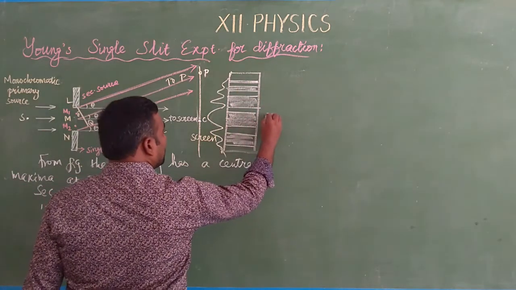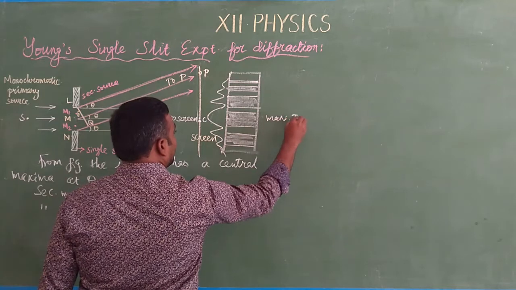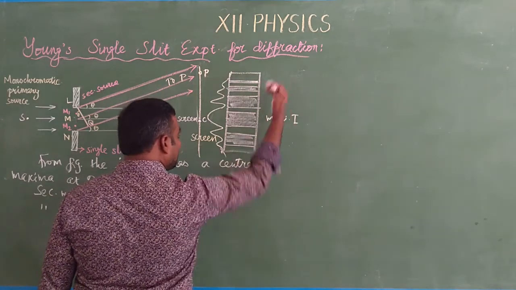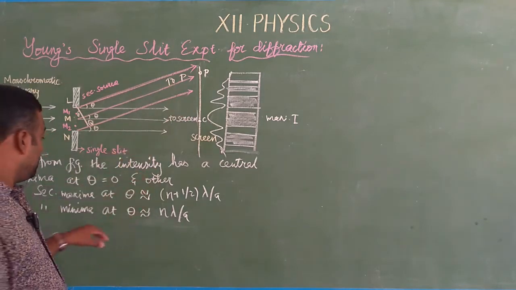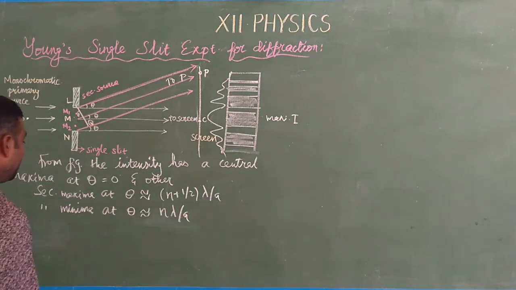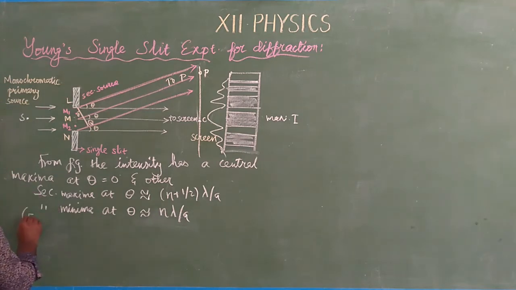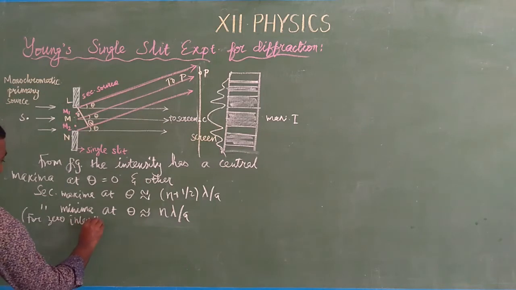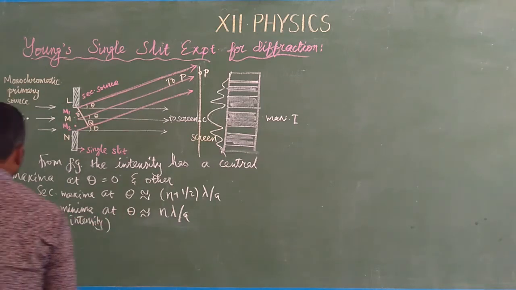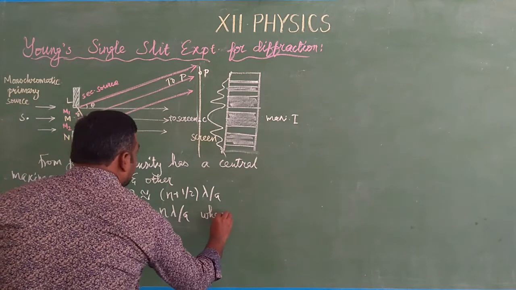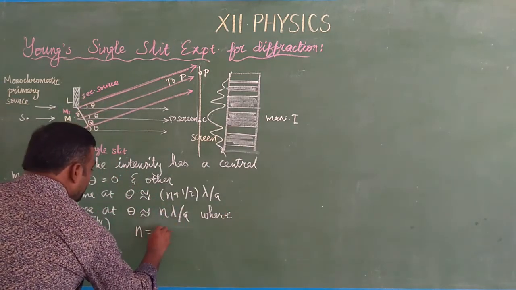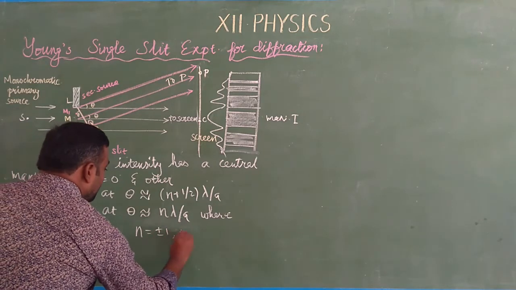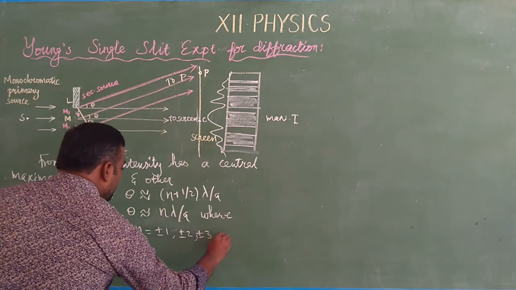Here it has maximum intensity, but gradually on either side the intensity reduces, and at a particular point the intensity becomes 0. For that we consider the secondary minima. So this is the secondary minima for zero intensity, where on one side n is positive and on the other negative, so n is equal to plus or minus 1, plus or minus 2, plus or minus 3, and it goes on.